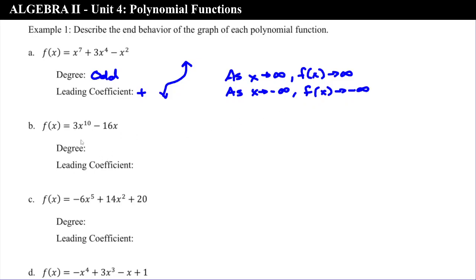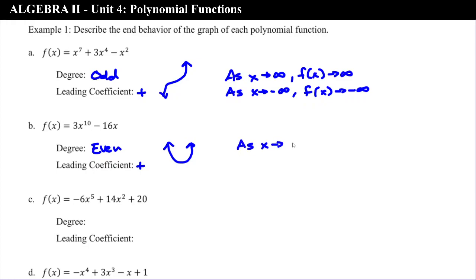All right, for B, we have an exponent, or a degree, our largest exponent, of 10, which is even. So we have an even degree, and our leading coefficient is again positive. So this time, since we have an even degree, we're going to have something that's kind of like our quadratic, where we've got a parabola that is concave up because our leading coefficient is positive.